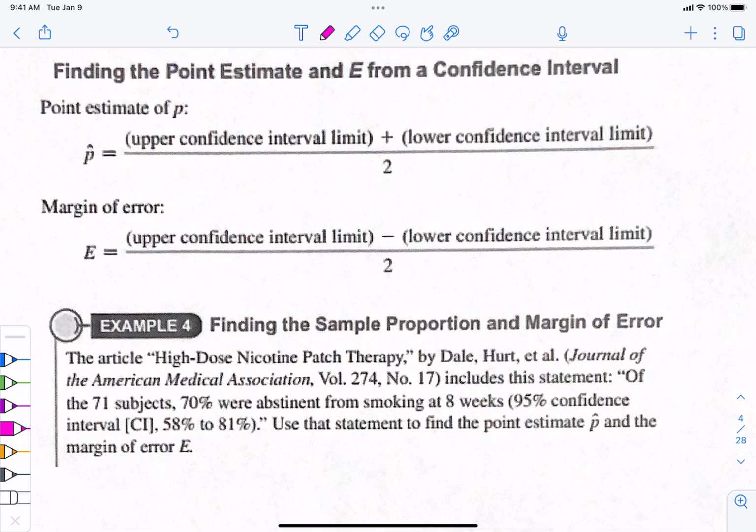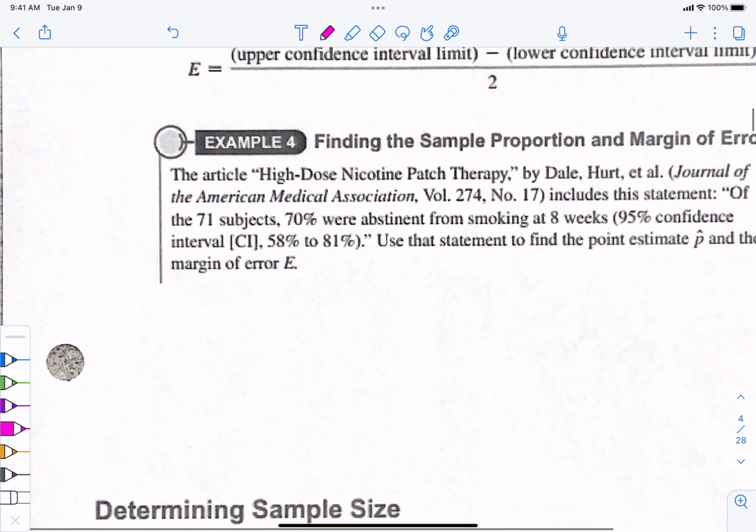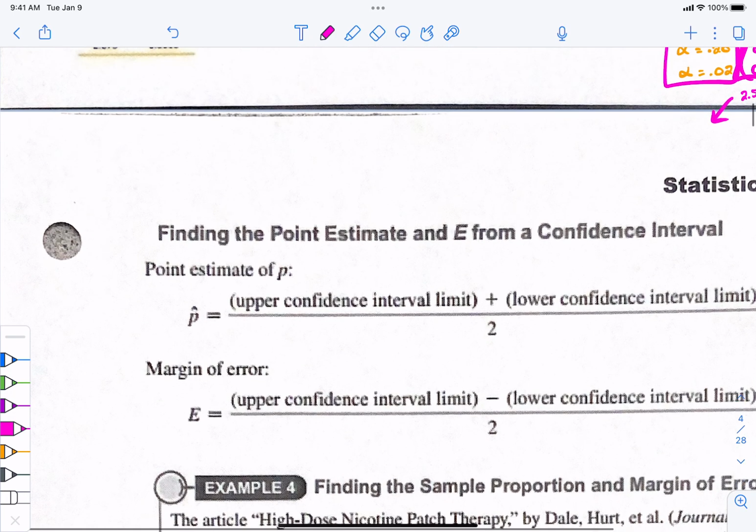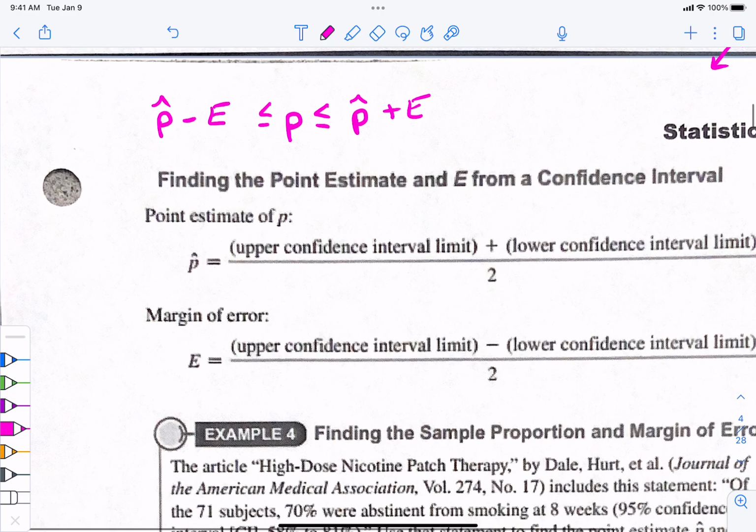Ready? Now they're going to have us work backwards a little bit. The thing that's important for you to know, put this at the top of your paper, is that when we are finding P, we take P hat and we subtract the error to find that bottom number. And we take P hat and we add that error to find that top number. What happens if they give me 38% and 44%?